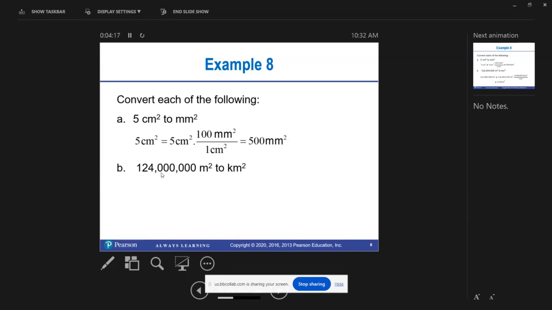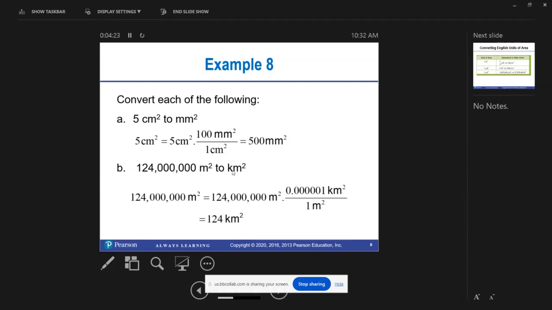Okay, 124 million square meters to square kilometers. When you're working this one out, your meters need to be able to cancel. So you're going to put the square meters on the bottom, leaving square kilometers on top. And so now you'll multiply 124 million times 0.000001.